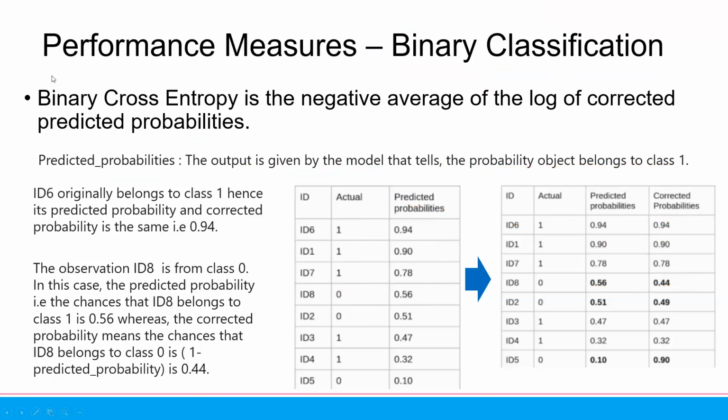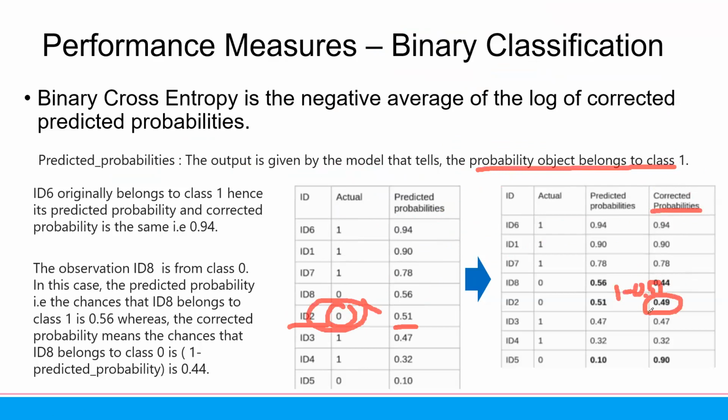Let's see another example. ID 2. The actual is 0. The predicted probability is the probability the object belongs to class 1. However, we know the actual is 0. So the corrected probability will be 1 minus 0.51.